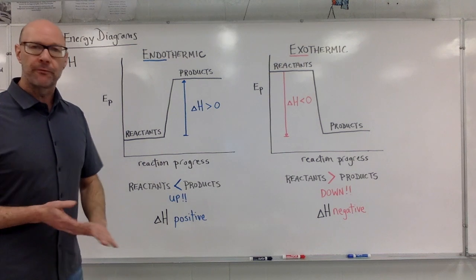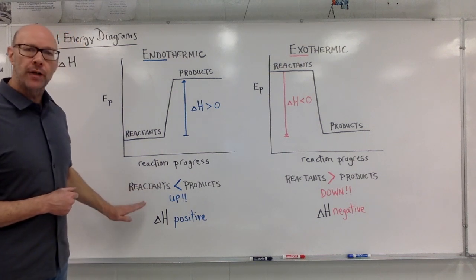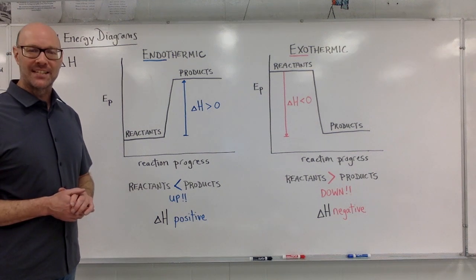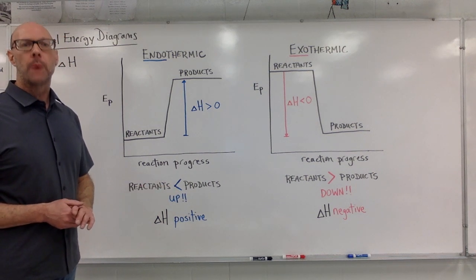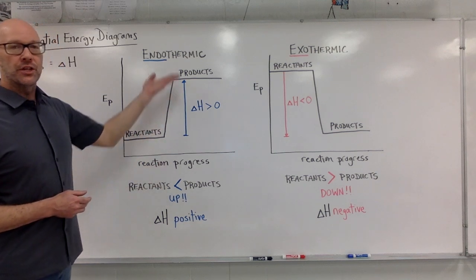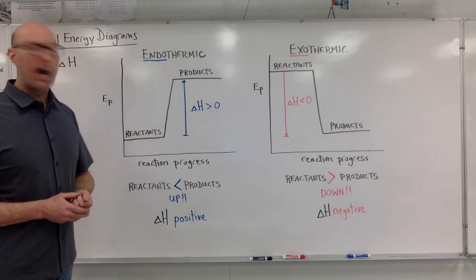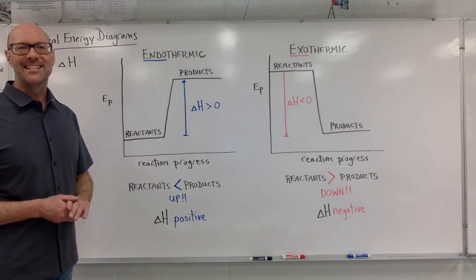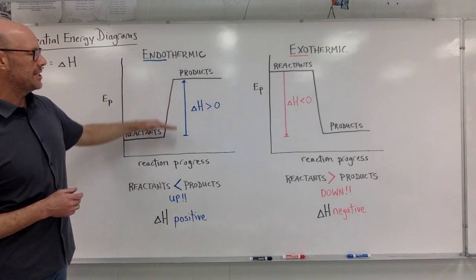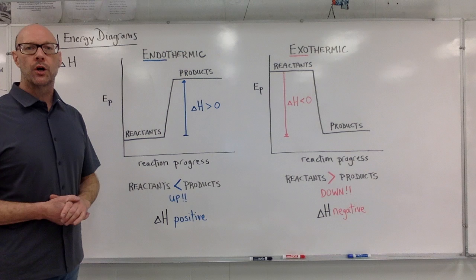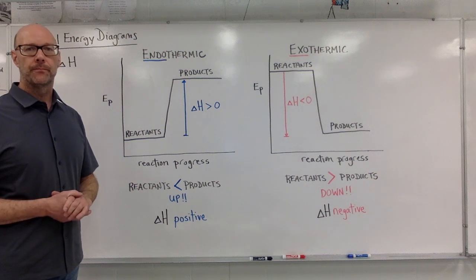To take it one step further, we would say that the potential energy of the reactants is less than the potential energy of the products. The graph went up, we have a positive delta H, where the delta H is the distance in between the two horizontal lines.